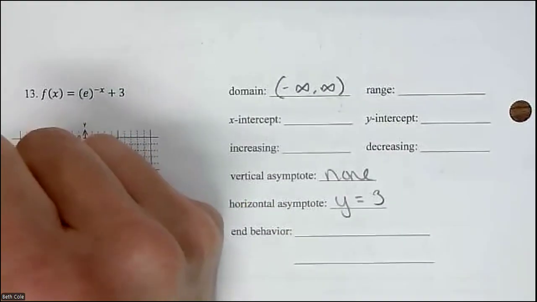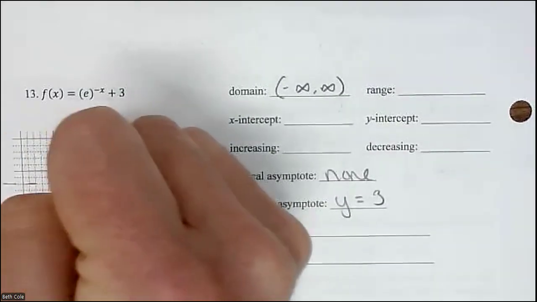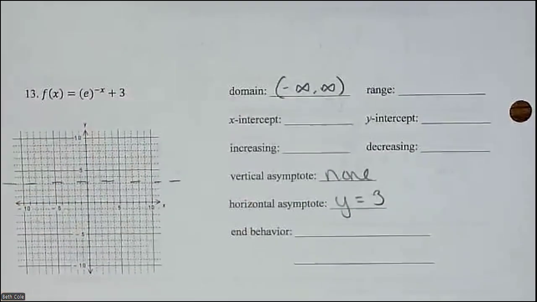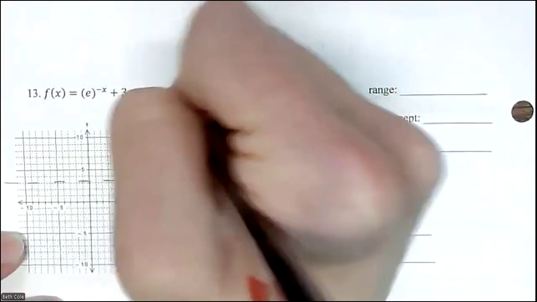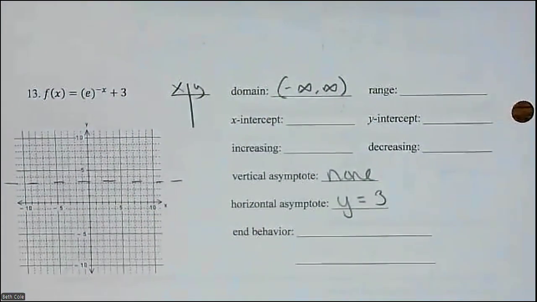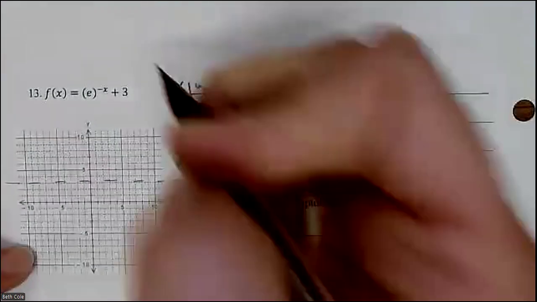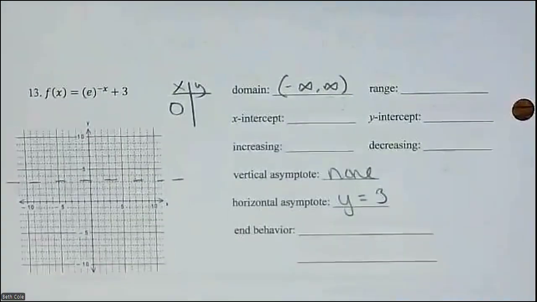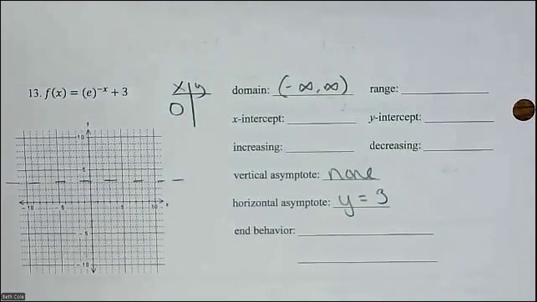3. Went up 3. We're going to make a table and get 1 whole point. What can we plug in? There's only one number that'll work. 0. This graph didn't go left or right, so 0 is still your center.